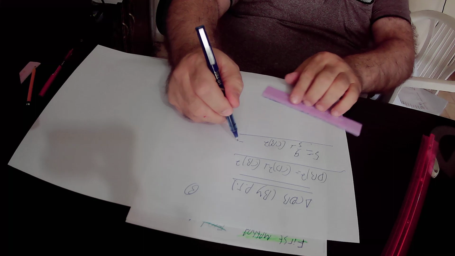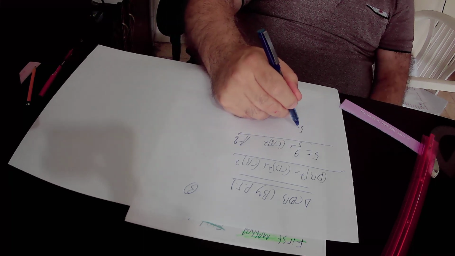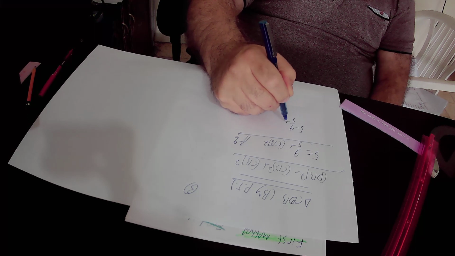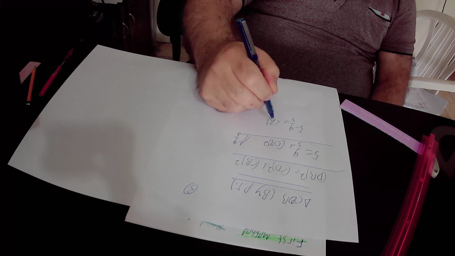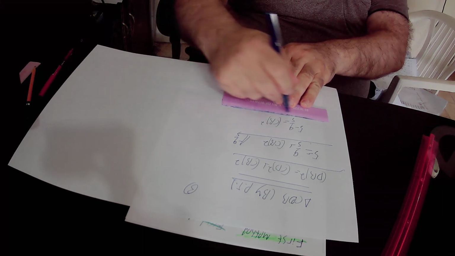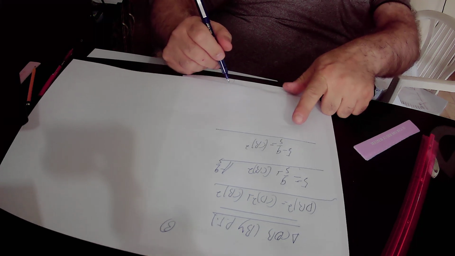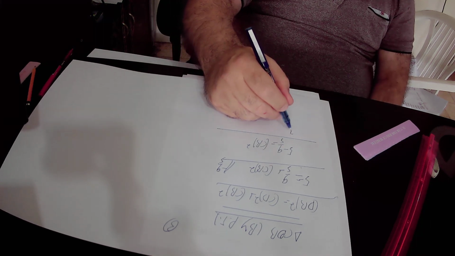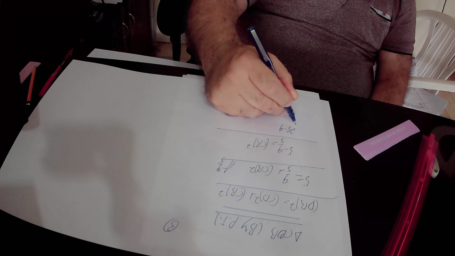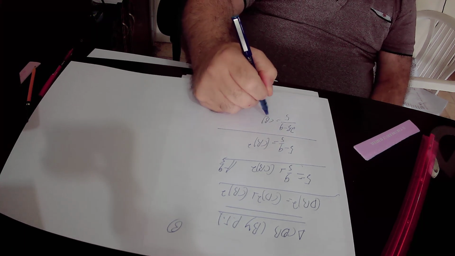We'll subtract 9 fifths from this equation, and we get that 5 minus 9 fifths equals CB squared. Here we'll multiply 5 by 5, and then divide it by 5 in order to have a common factor with this expression. 5 times 5 is 25, minus 9 over 5 equals CB squared.